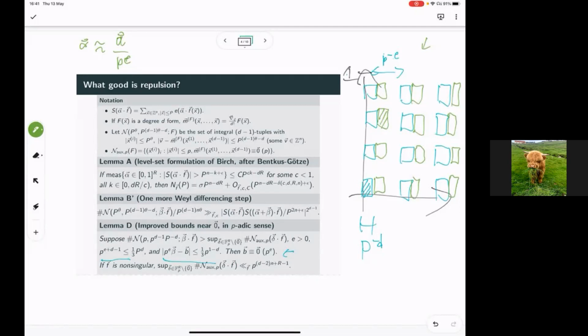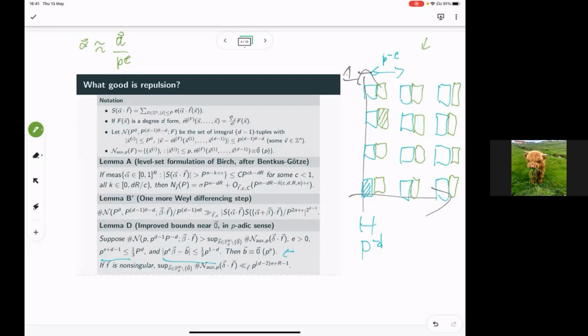So one thing that I wanted to say about this is that one can also get a perspective just from this information alone on why repulsion should be superior to the original argument when the number of forms is large.